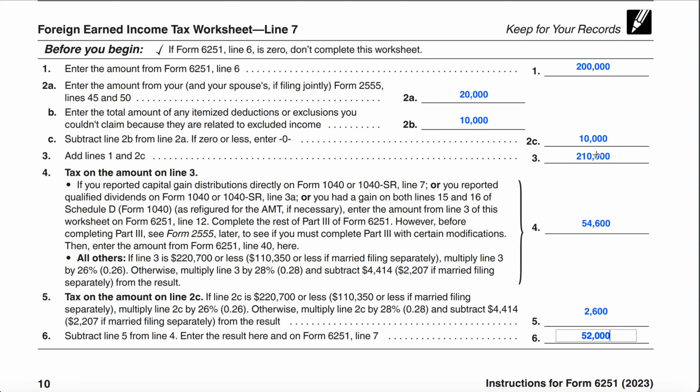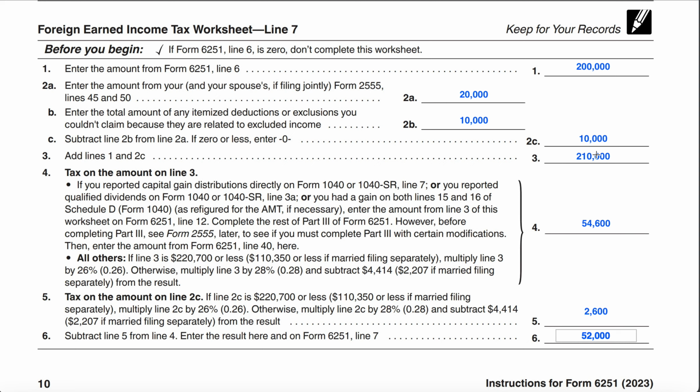You'll then complete the rest of the AMT tax form. However, if you do that, you may need to make certain modifications to how you complete Part 3.